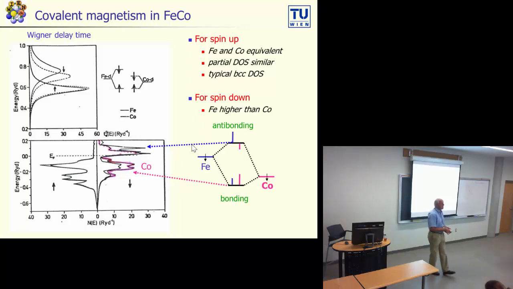That would mean that you have to move half an electron from cobalt to iron. You make it ionic, so to speak, and nature doesn't want to do that. Iron and cobalt have no difference in electronegativity. Therefore, you have a different scheme, and the different scheme means this covalent magnetism, and then you have more cobalt states than iron states, and the number of cobalt electrons remains the same.